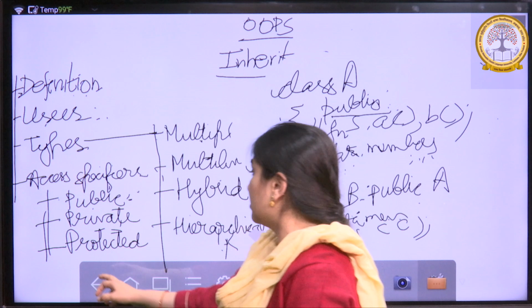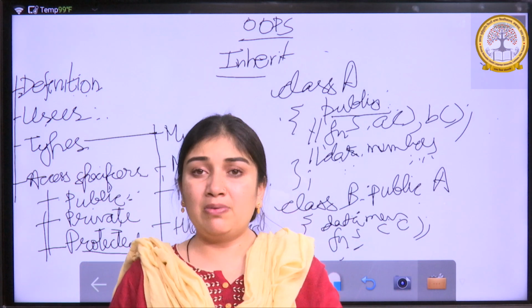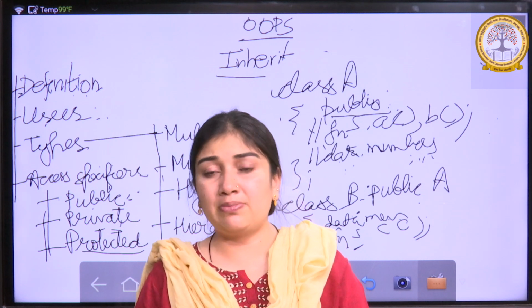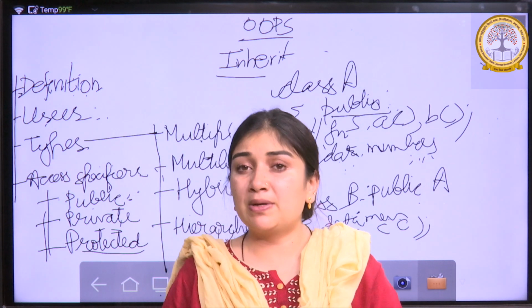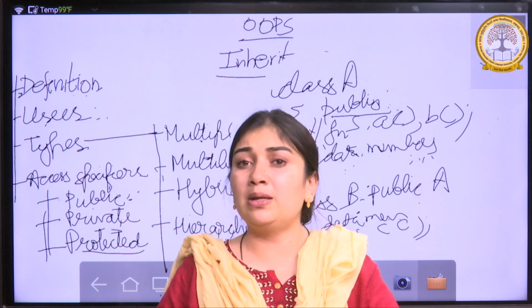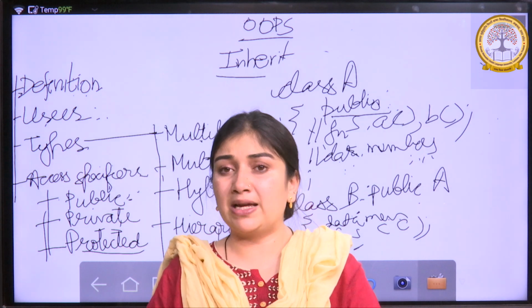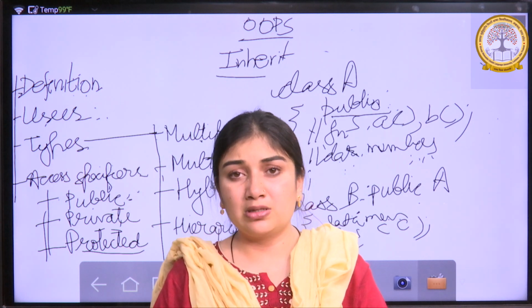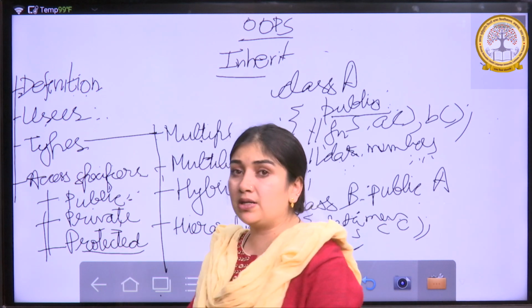Now, there comes the concept of the protected access specifier. Public and private are clear by now. Now, the concept of protected. There are certain properties in me that I want only my child class, my objects and the objects of my child class to use. So, for that, the protected keyword is to be used.